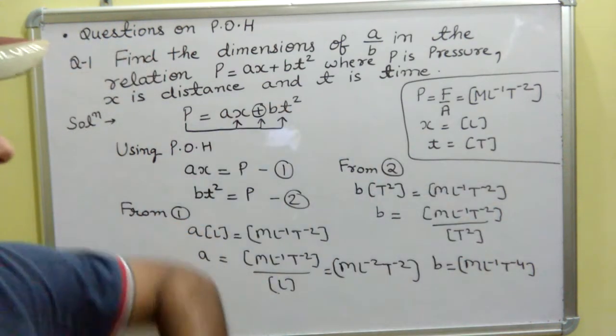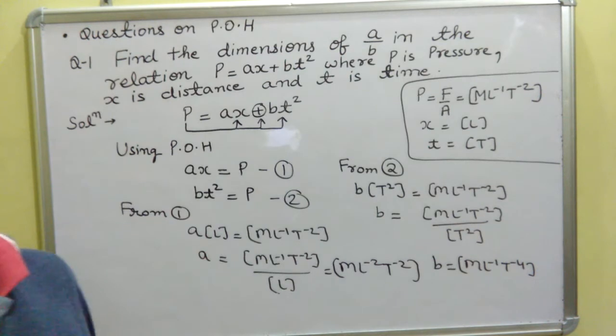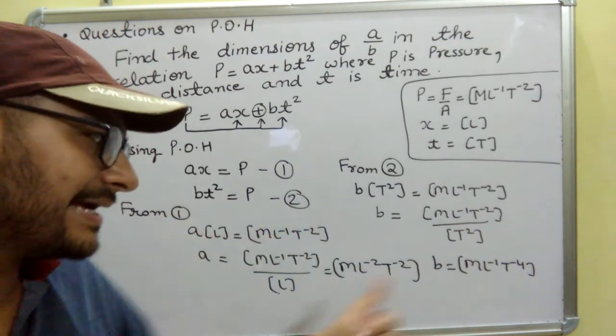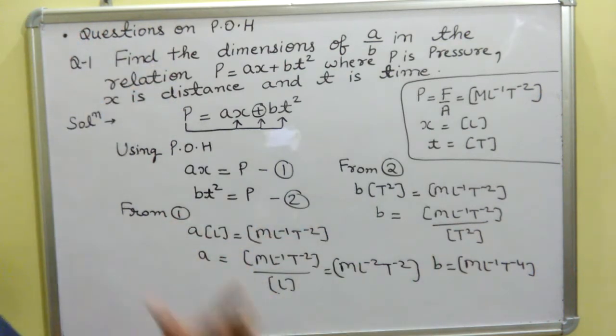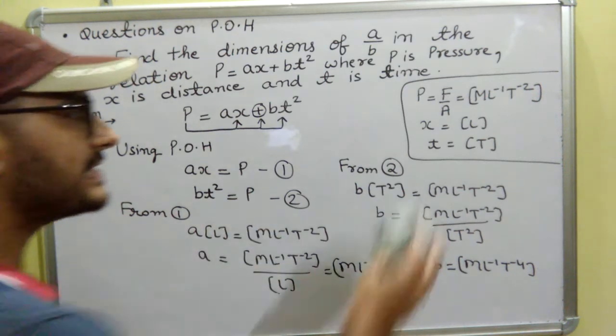But our question is we need to find the dimensions of A by B. So we have to divide A and B. So here I am rubbing this part.